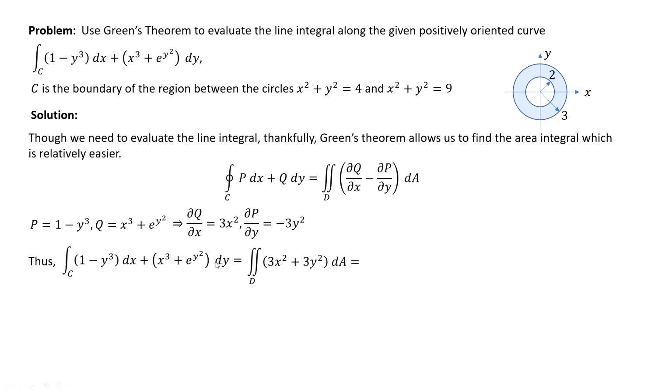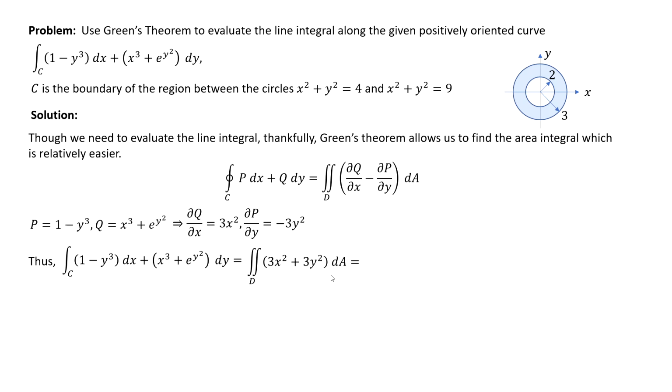And now the question is, do we know how to evaluate this area integral? Because this has radial symmetry, and also quite nicely 3 can be factored out and you get x square plus y square. It's crying out to have polar coordinates used.